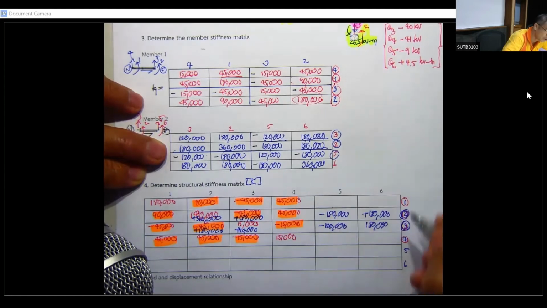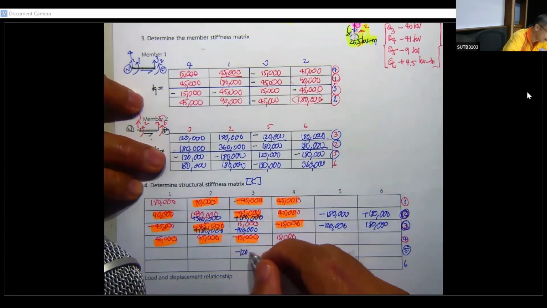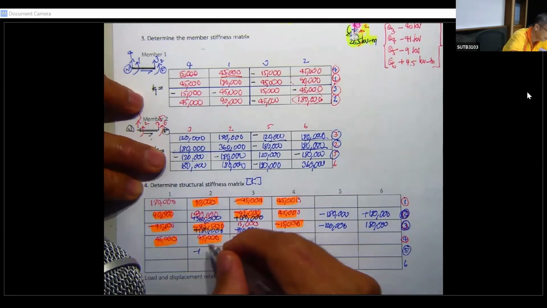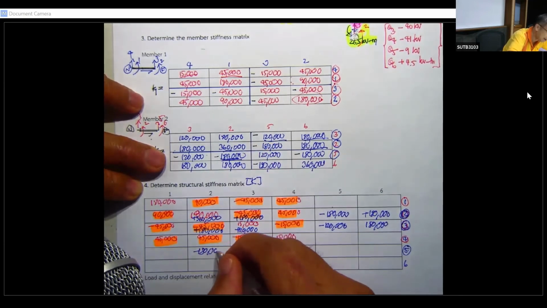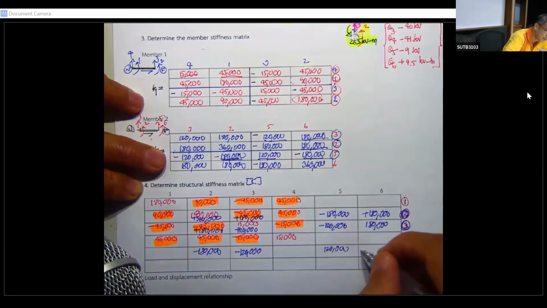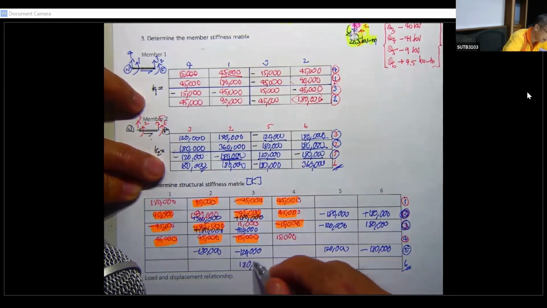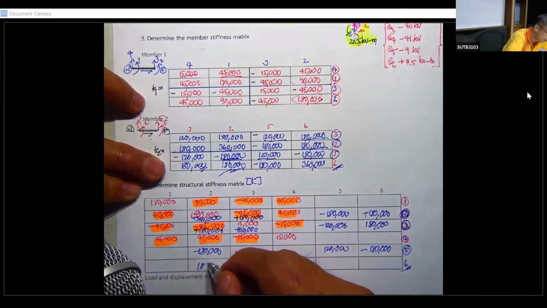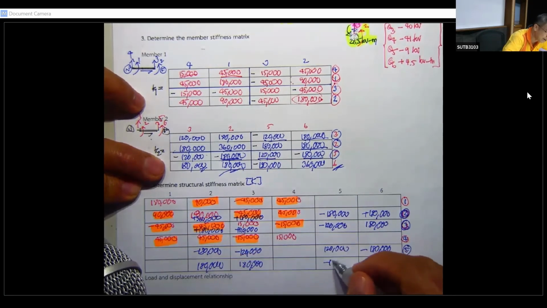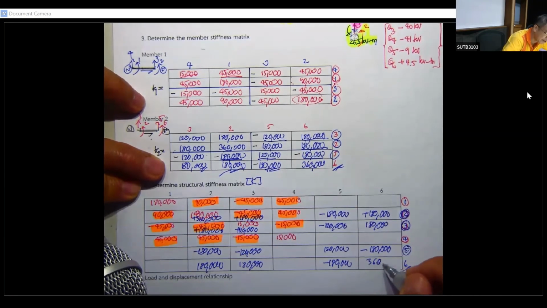and then go to the number 5. Number 5 start with 3, 120,000, and then go to number 2 here, minus this one, minus 180,000, go to number 5, 120,000, go to number 6, minus 180,000, then number 6 start with 3, 180,000, and then start with 2, 180,000, and then minus 180,000, that's 5, and then 6, 360,000.